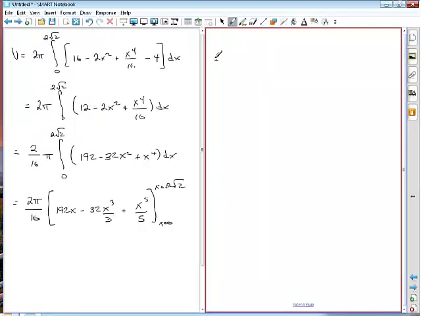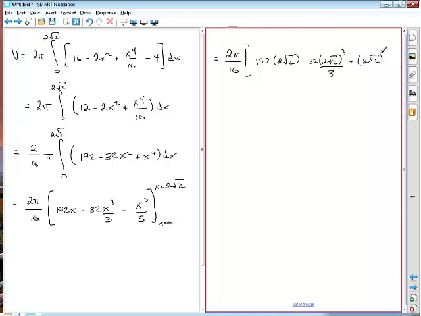So we have 2 pi over 16, and we have 192 times 2 times the square root of 2 minus 32 times 2 times the square root of 2 cubed over 3 plus 2 times the square root of 2 to the 5th power over 5.